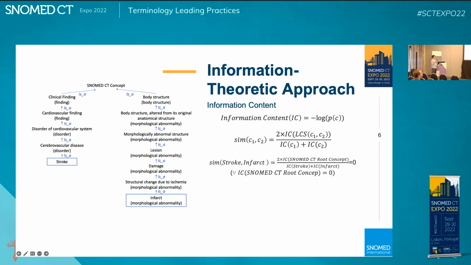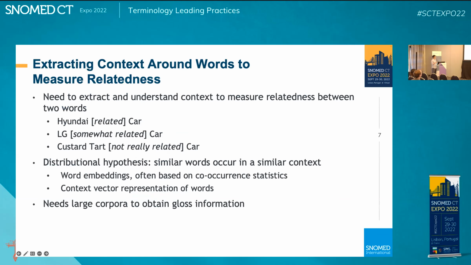The IC of the LCS of strong and info is 0 because the two concepts are at the very top level of the ontology, and the similarity between the two terms is 0, which also does not conform to our sense of relatedness.